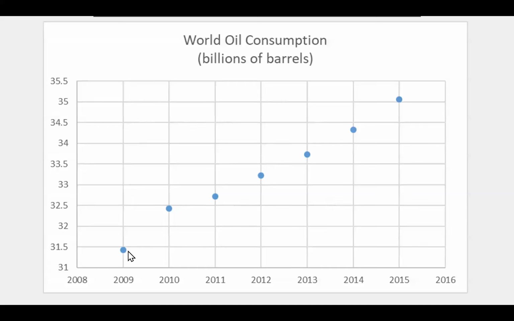Remember way back in example 1, we had a very good line. The line fit our data really, really well. And we were looking at years between 2009 and 2015.